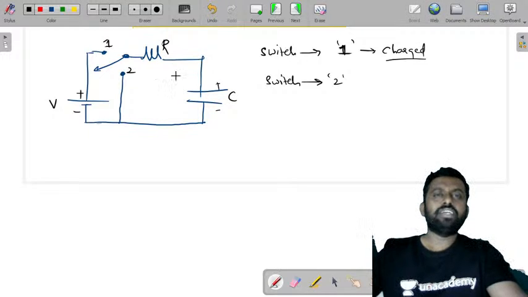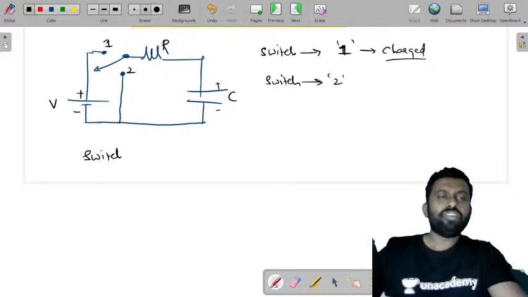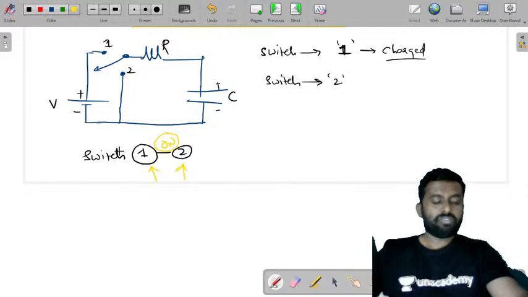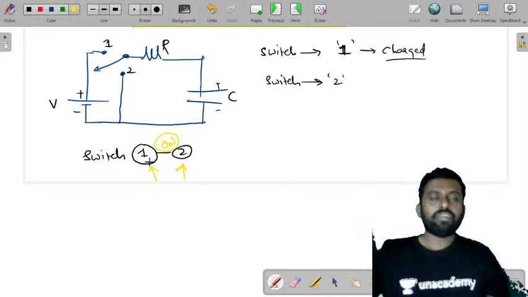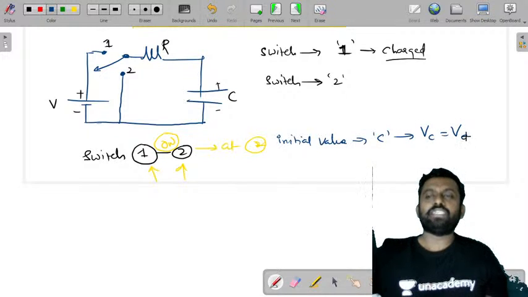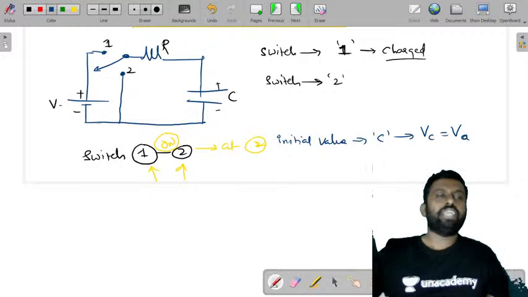Now when I take the instant when the switch is moved from 1 to 2, at position 2, when you are connecting the switch to 2, we can say the initial value of the voltage across the capacitor is equal to the applied voltage VA.